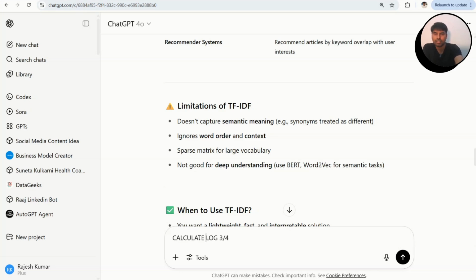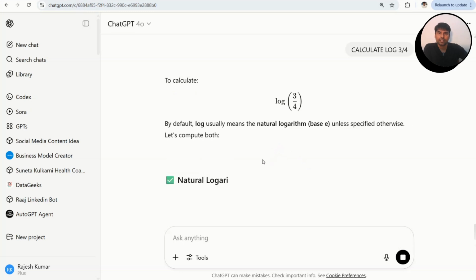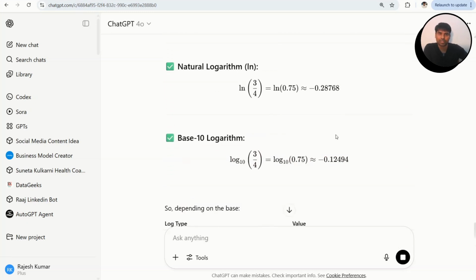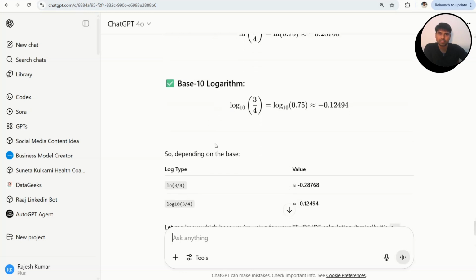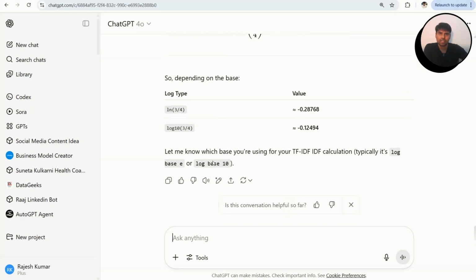It is not exactly 0. If the base is 10, yeah, but in machine learning or computer science, the base of log is always e.